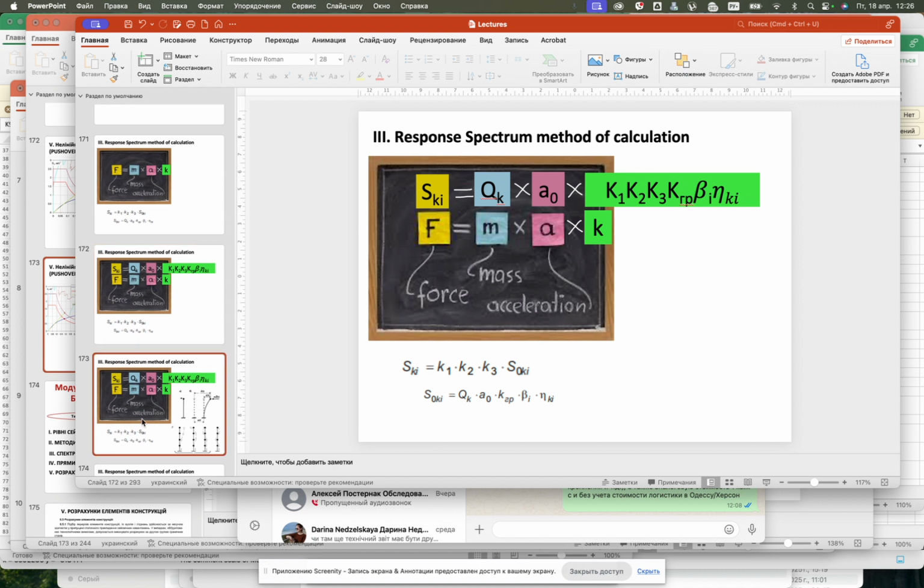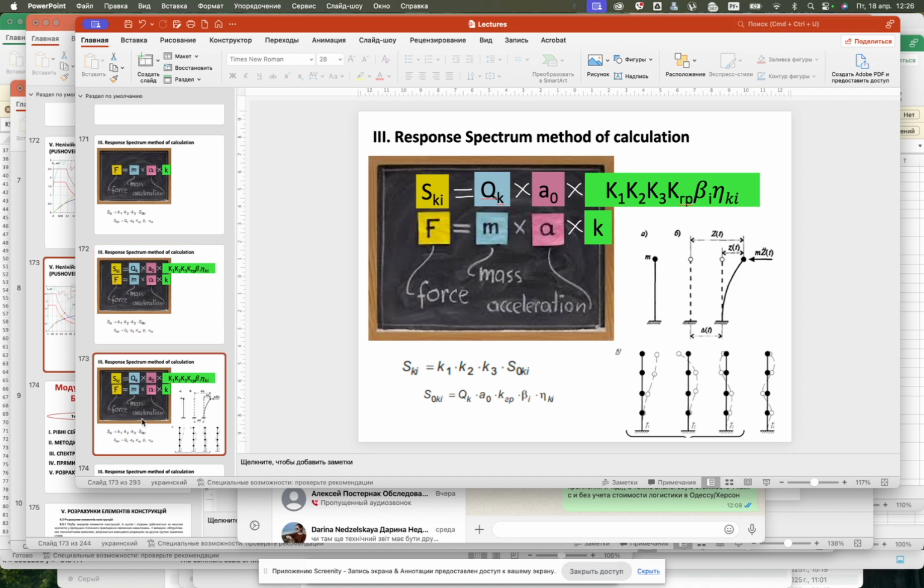And now I will remind you how we can define these indexes K_i. So, for example, when we are considering a building with 4 stories, 4 floors, we can assume that all the slabs can be modeled like masses, and the joint behavior of all columns can be collected into one and modeled like one rod.